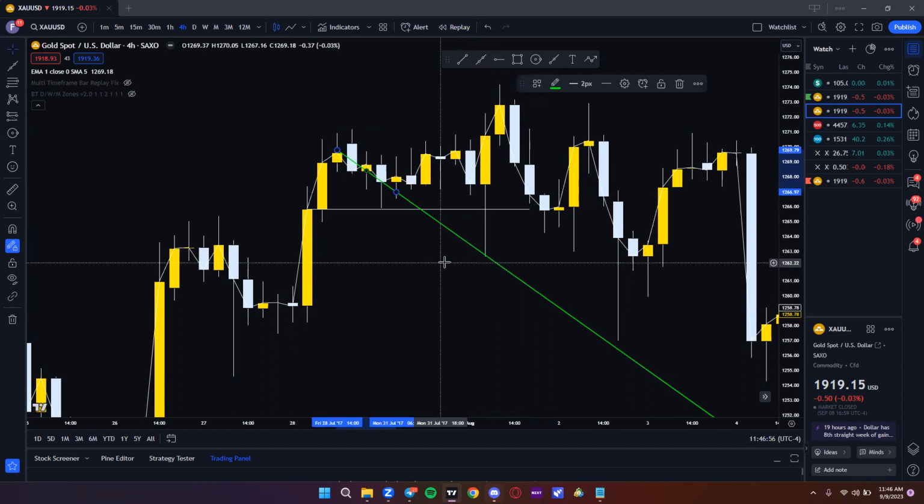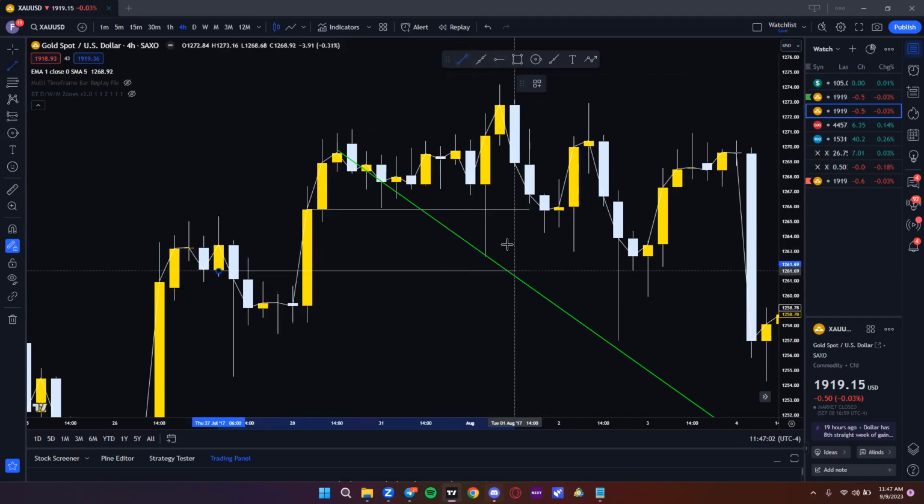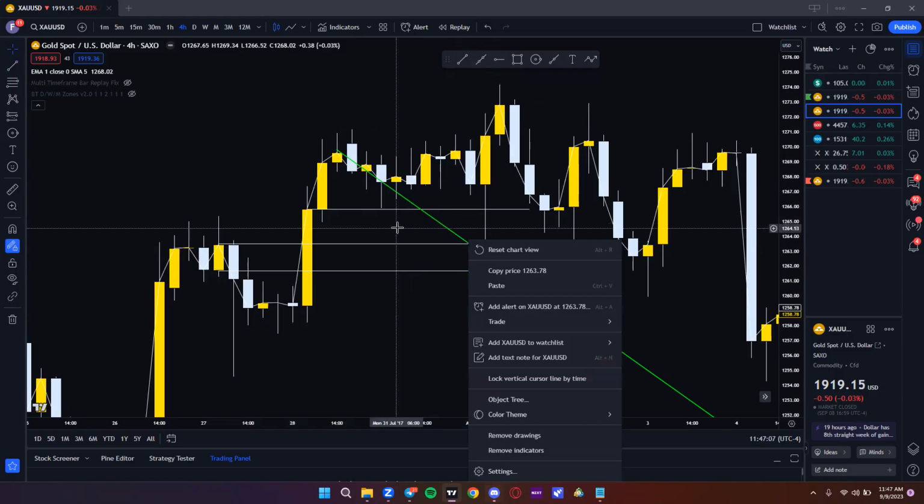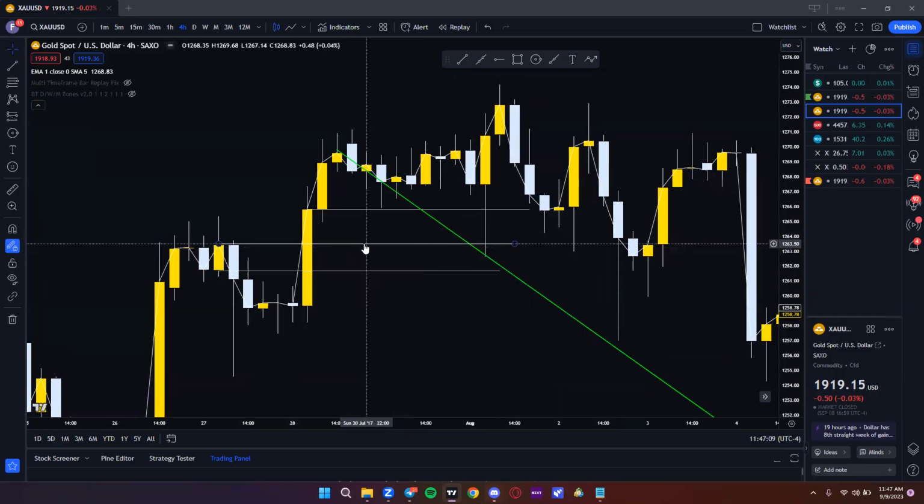And with multi-time frame analysis, you will be able to find that it's also rejecting stuff over here as well, which we will cover. But essentially, yes, that's what we're going to do.